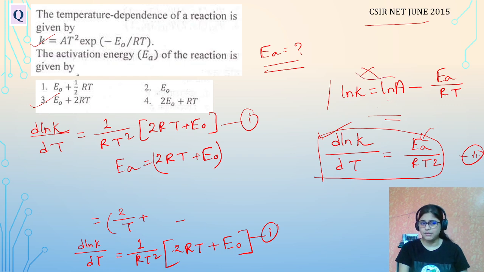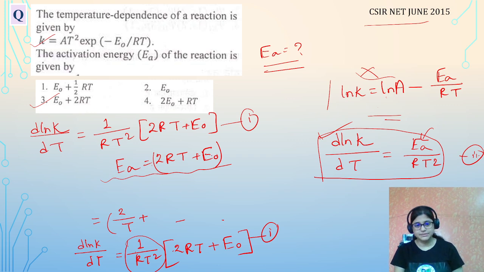So now one thing is left only. We took d ln k by dT, took 1 by RT squared as common, and now we got this one left. So Ea will be E0 plus 2RT. Fine.